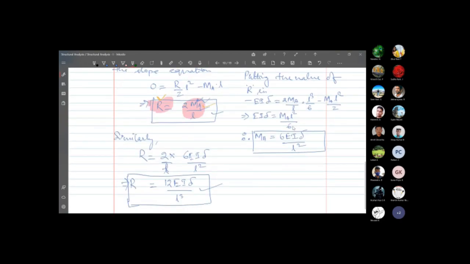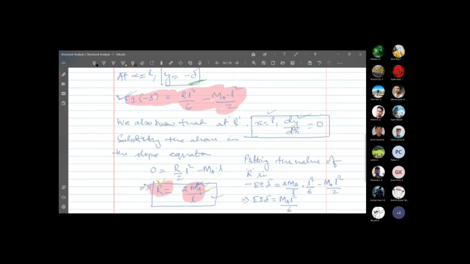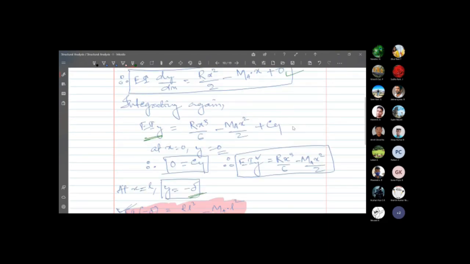No, sir. Another one, what you described. Which one are you saying? We got EI d square y by dx square equal to Rx minus MA, right?